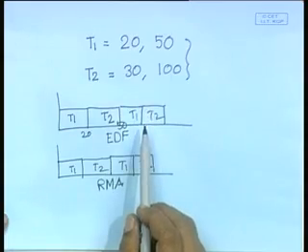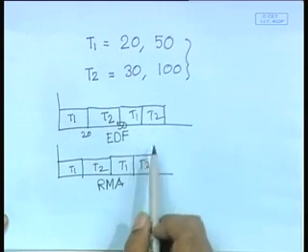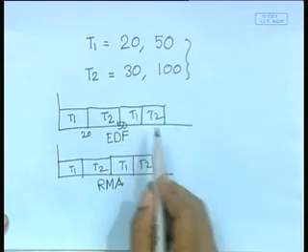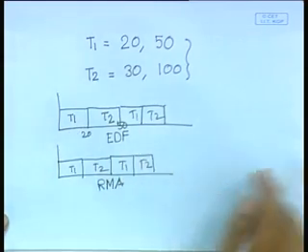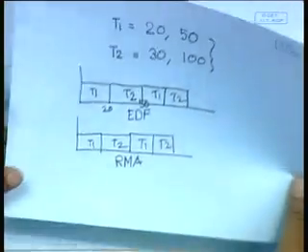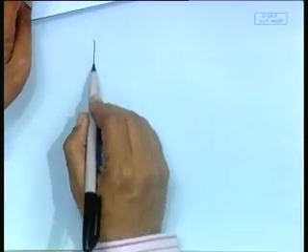For example, for T2, there will be a gap, after 100 T2 will appear. Okay. Let us draw again neatly. Yeah, what he says is correct.